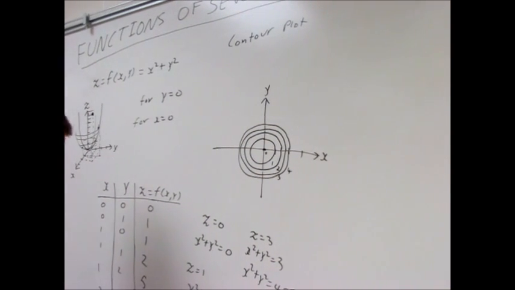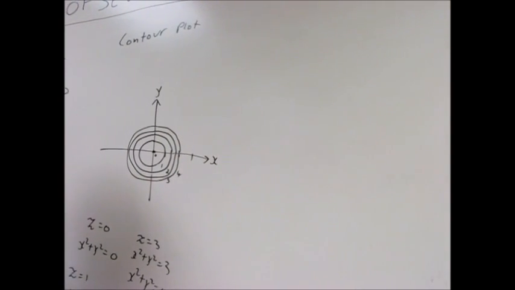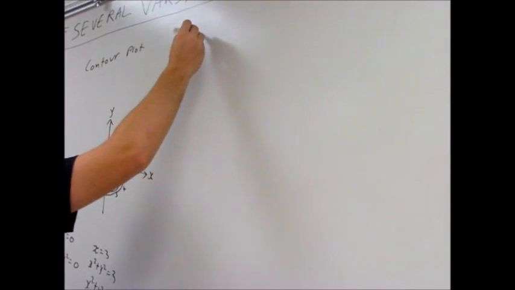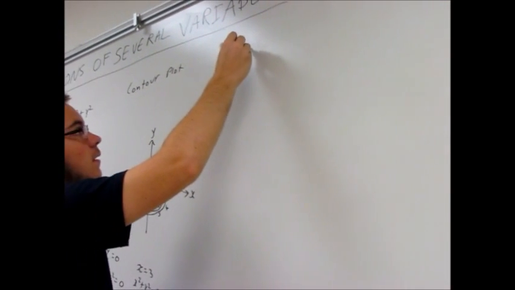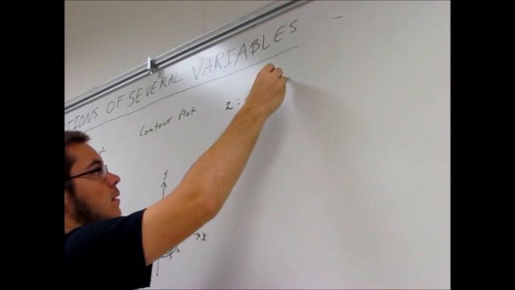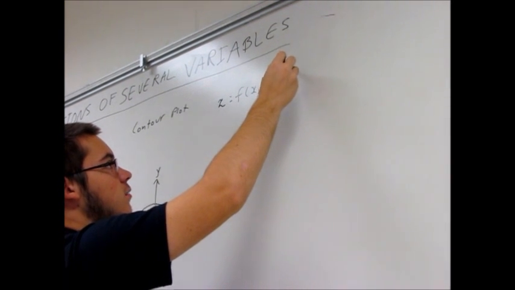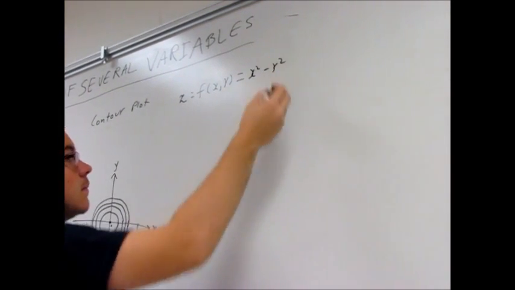Well, let's do another example of a function. Let's say f of x comma y, z equals, let's do something like x squared minus y squared.